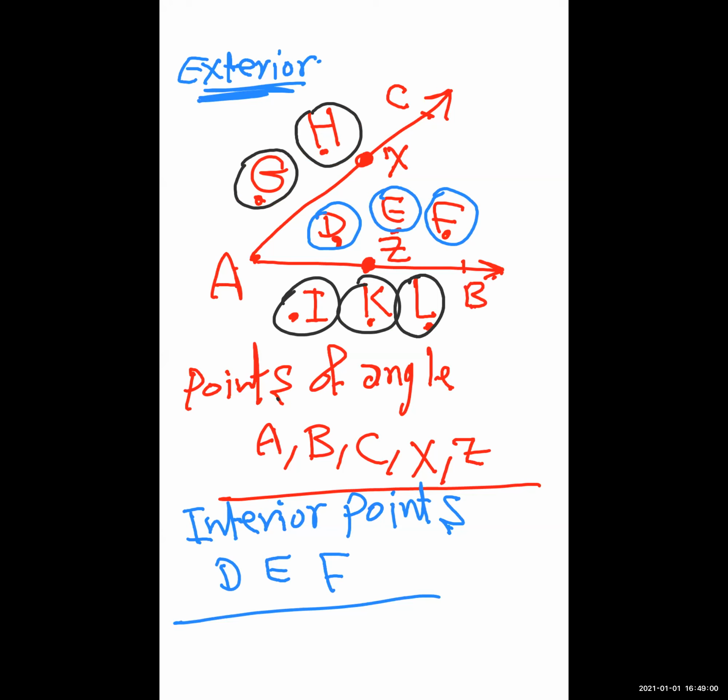Now the next point related to the angle is the measurement of the angle. If we have an angle like this one, A, B, C, what's the meaning of measurement of the angle?